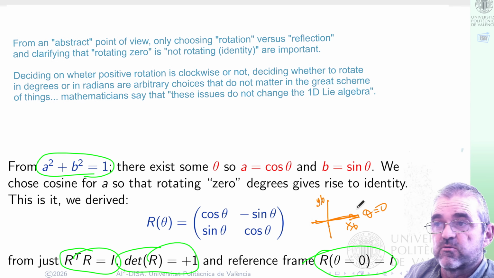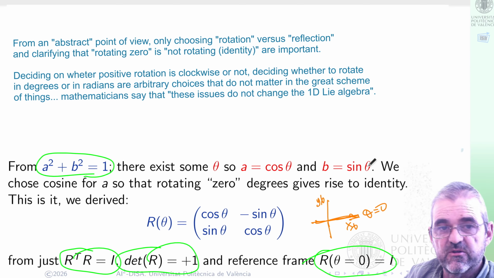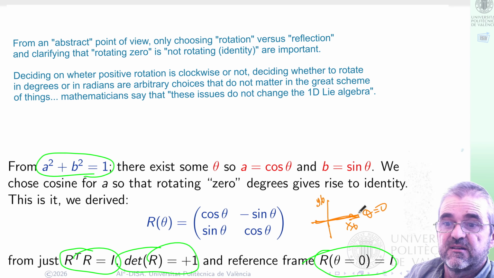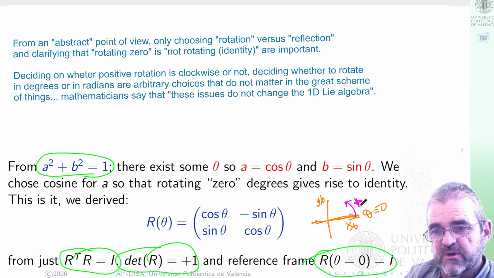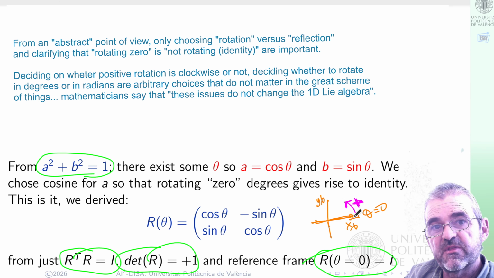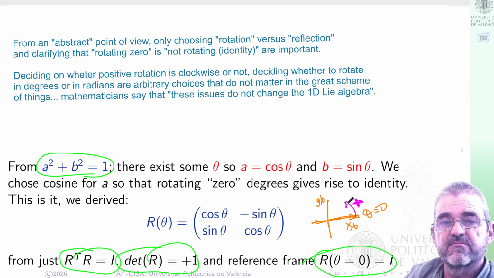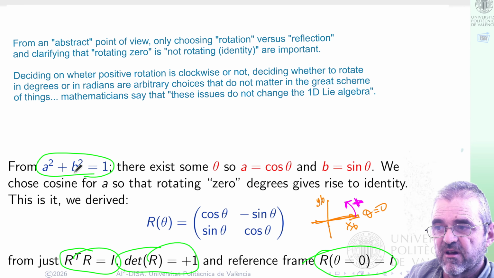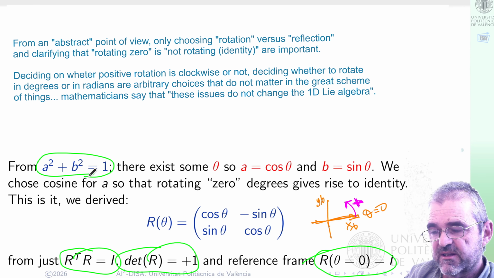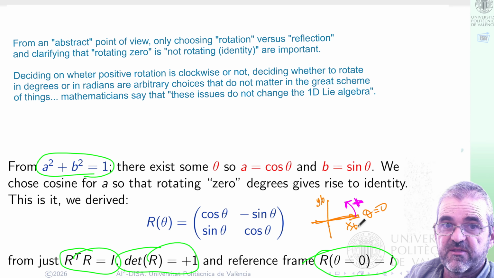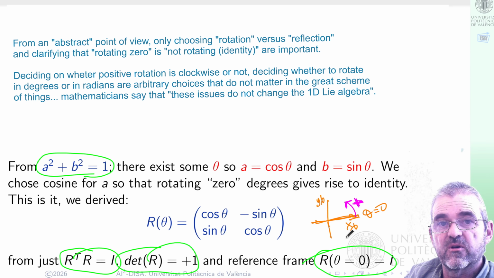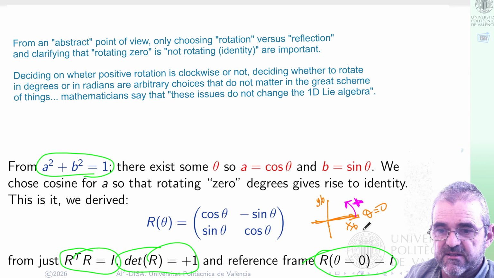And also, depending on what I choose for B, either sine or minus sine of theta or minus theta, there is one choice, which is this one, so that positive theta turns in that direction. If I had chosen the other solution of this quadratic equation, then positive theta would turn in the clockwise direction, but in order to have the same units and sense of rotation as everybody else, we are choosing this.